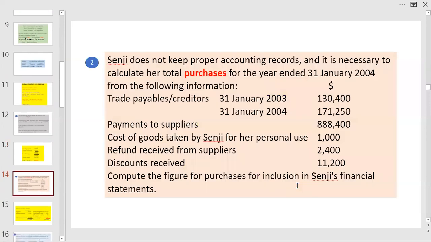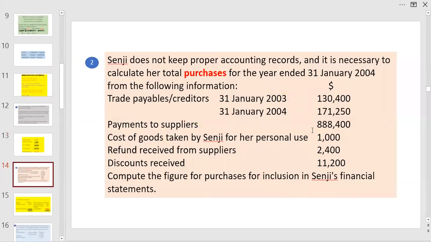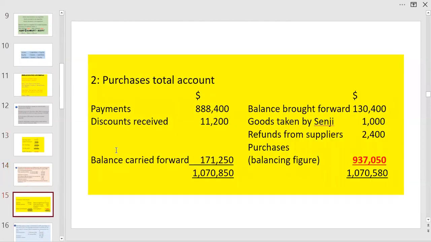In the second illustration, we are required to calculate the purchases. Opening balance is given, closing balance is given, 4 transactions are given. Let us put them onto a T account to see how it is.